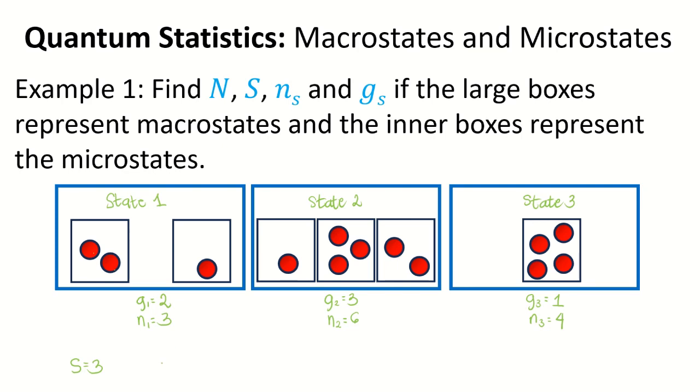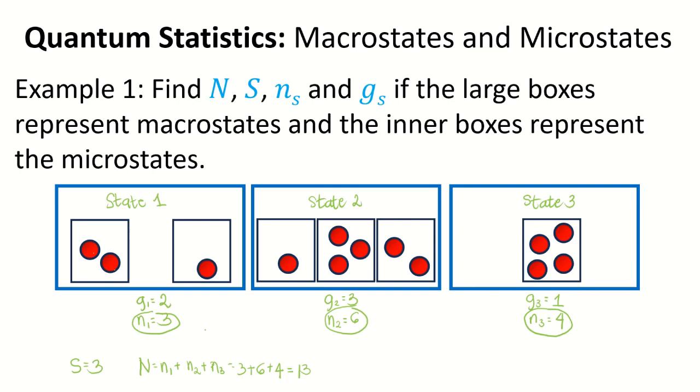To calculate the total number of particles in all of the states, capital N is equivalent to N sub 1 plus N sub 2 plus N sub 3. Now we just copy the numbers written above. So this is now equal to 3 plus 6 plus 4, which is equivalent to 13.